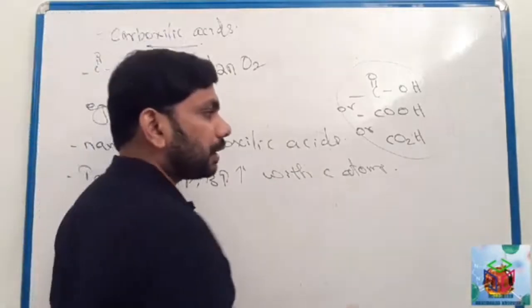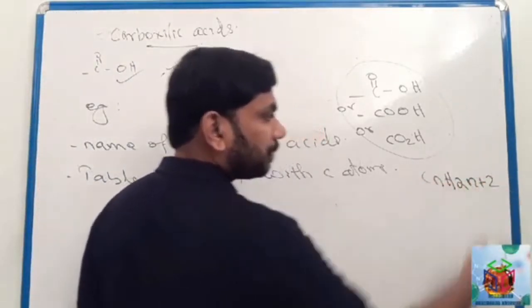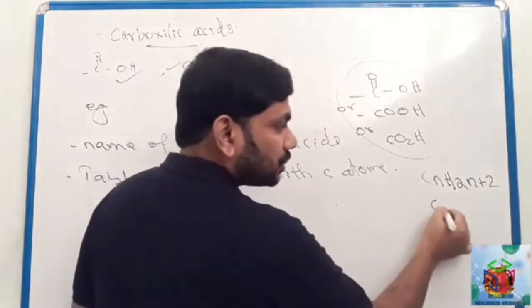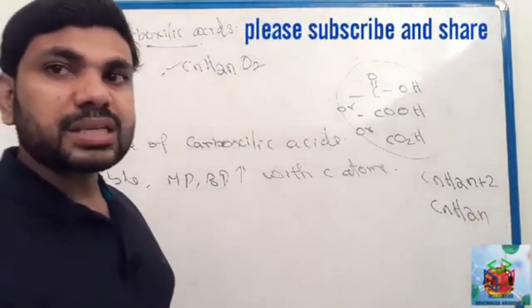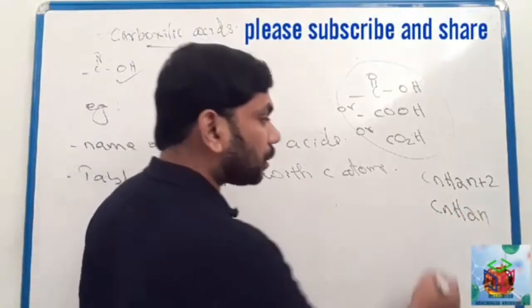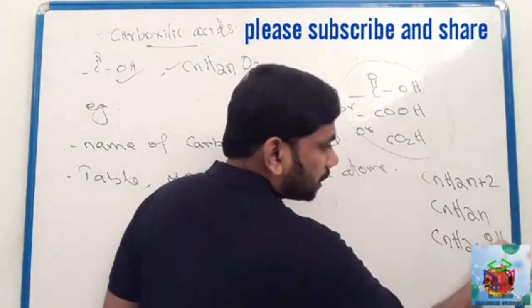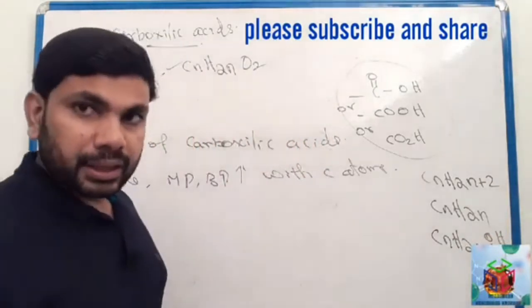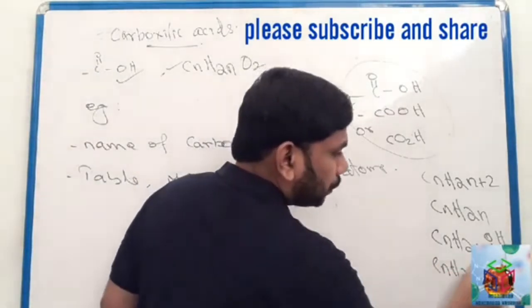So you remember alkane, general formula CnH2n plus 2. Alkene, general formula CnH2n. Alcohol, CnH2n plus 1 OH. Now carboxylic acid, CnH2nO2.